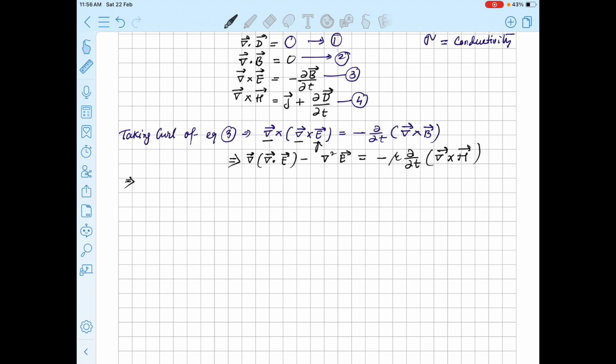Now you see in this case, gradient of divergence of E, that del dot E is going to be equal to 0, right?